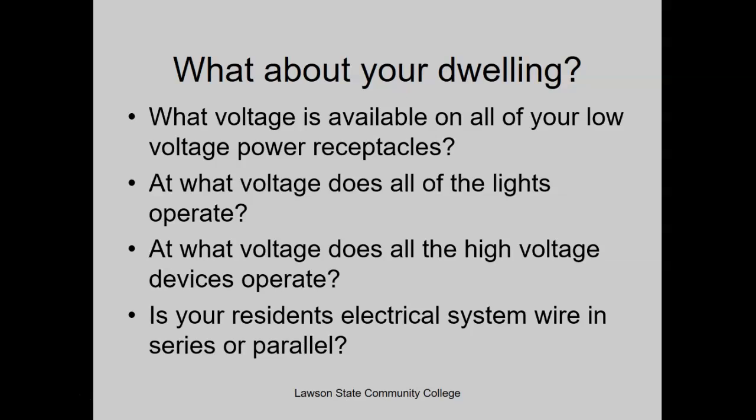If you were to take a meter and put it to a light socket, you should find 120 volts. Ish. Sometimes it's around 110. Your lights should all operate on 120-ish. It's not ever exact, but it's close.